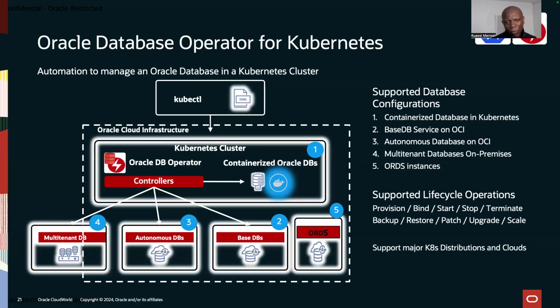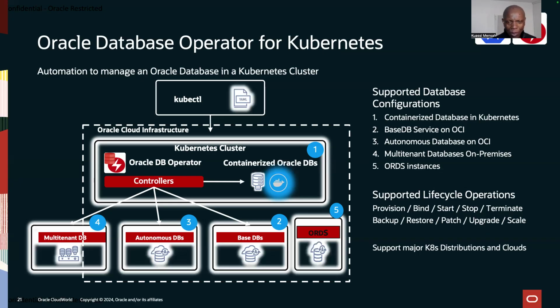But these are infrastructure details. You don't need to be concerned about it. You can just pick whatever you want. But in the future, we're going to discontinue the ORDS controller. I'm not saying we're going to discontinue ORDS itself, because number five is ORDS instances. What does that mean?